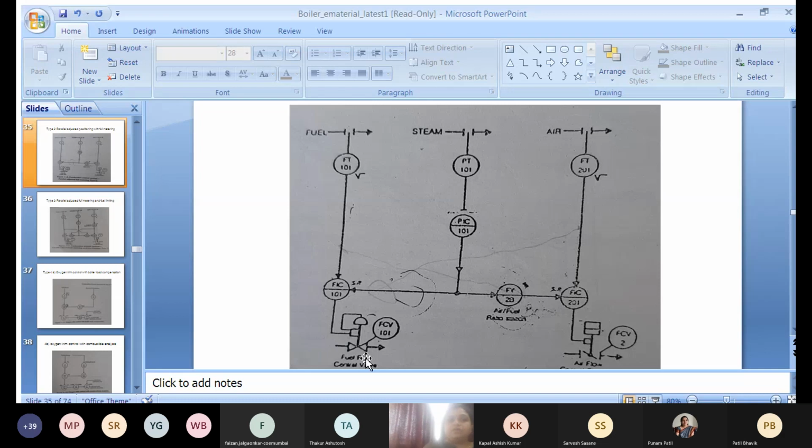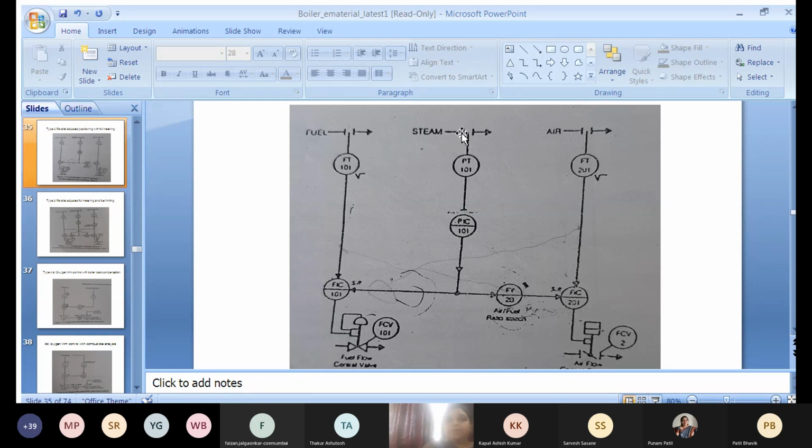This valve is open in such a way that double the quantity of air is added for this quantity of fuel. Why is it possible? Because of this ratio. You have calculated here what the air flow should be for this set point. So this ratio will decide.